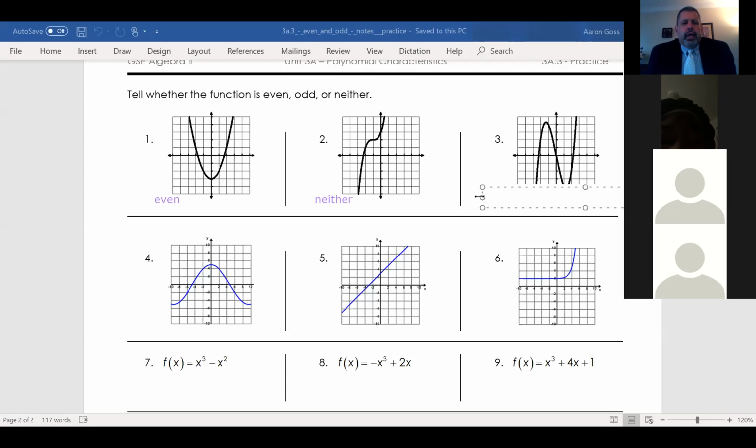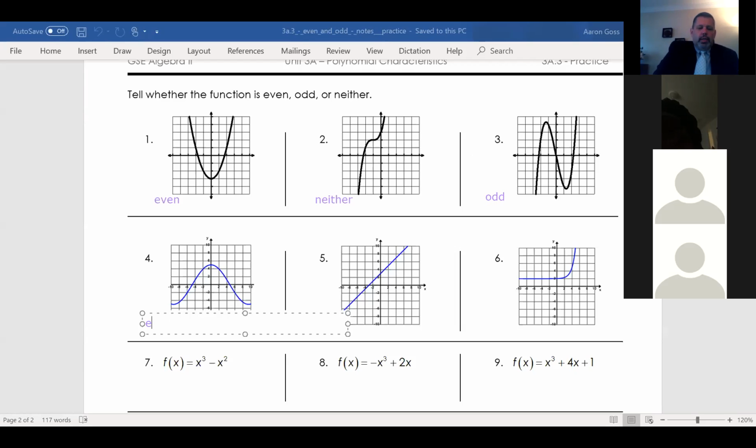Let me know if I'm going too fast. Odd. That's odd, because it goes through the origin. And number 4 has 180-degree rotational symmetry. That means if you grabbed it and turned it around, it would mirror itself. It would lay on top of itself. Even.